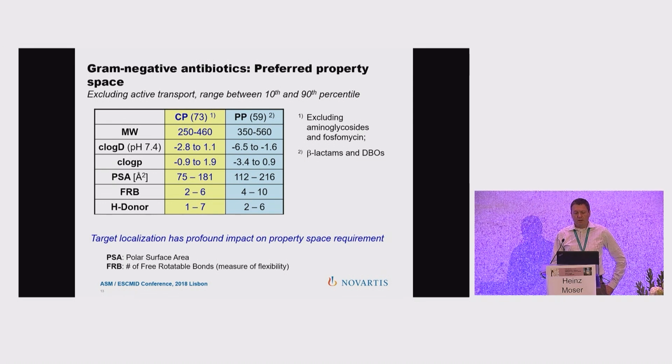Now, Andrea mentioned that before. These parameters are interconnected, so think about it. You have, for instance, a molecule where your target is in the cytoplasm. Now you're optimizing your molecule. You're, let's say, on the negative side of the log D scale, so you're on the polar side.